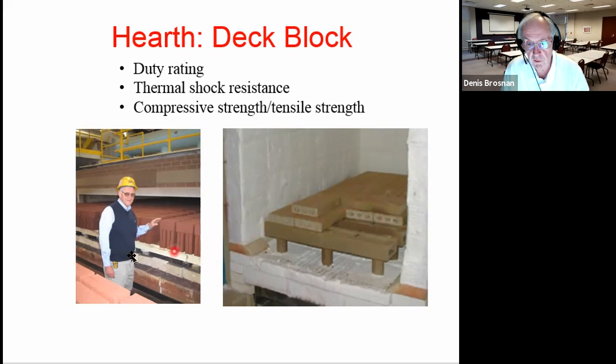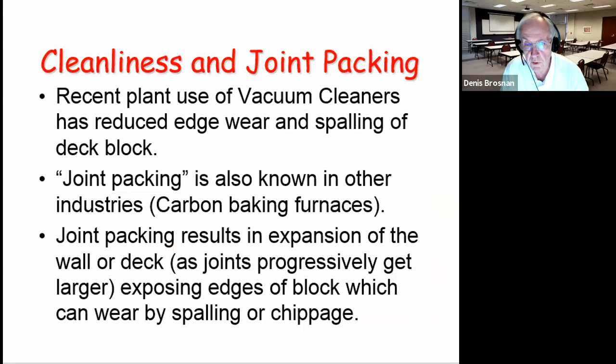One thing that happens in these kilns is that dust accumulates on the car deck. It's not such a problem in a laboratory kiln, but in a big production kiln like this one, dust accumulates and it works its way down between the deck block, and that's called joint packing. It's well known in various industries that the particles make their way down between the joints in the deck block, and in effect that makes the deck expand, because you've opened up the joints, and you can actually have a situation where the cars won't push.